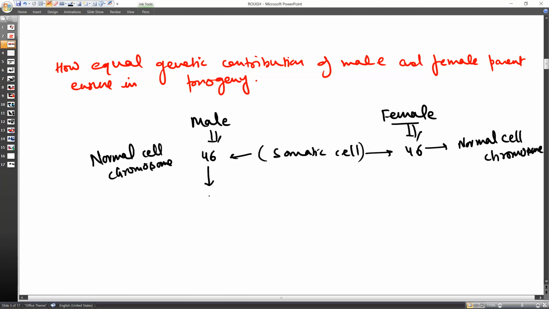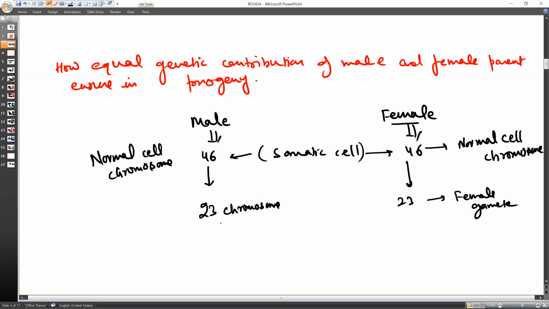When cells divide, 23 chromosomes are present in the gametes, in the male gametes and in the female gametes.